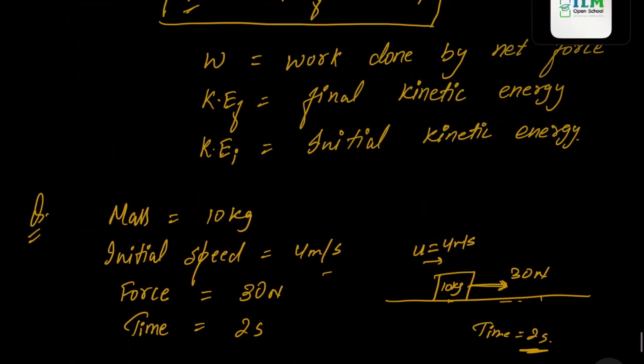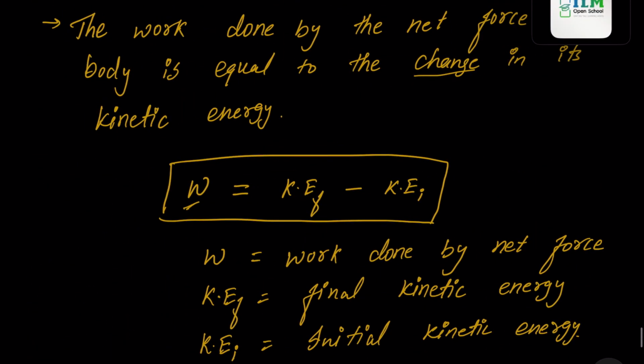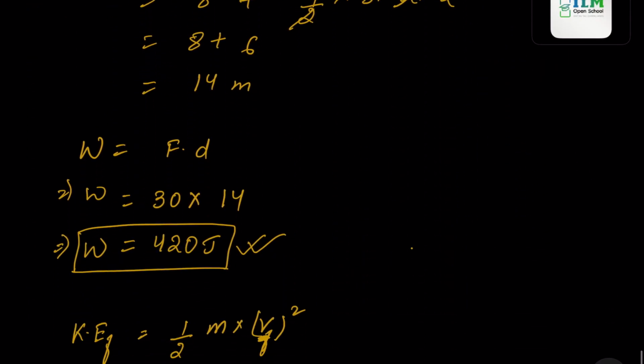So this is the work energy theorem: work done by net force is equal to change in kinetic energy, kinetic energy final minus initial. You have to remember this work energy theorem to solve the questions. It is a very important topic, and this is all.